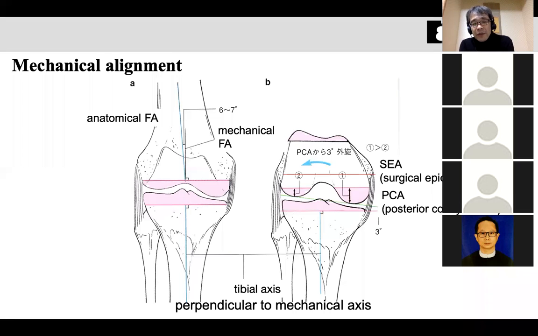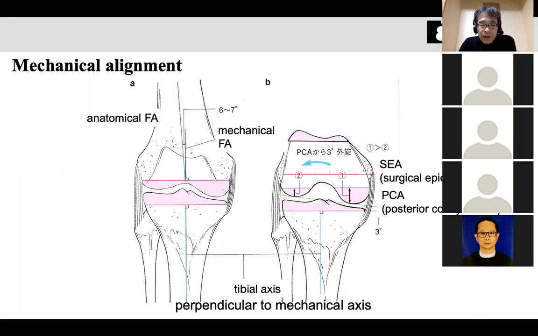That is the line between the lateral epicondyle and the medial epicondyle, but it is slightly posterior from the tip of the medial epicondyle of the femur. So it is quite famous. The SEA is the rotation axis on the femur.